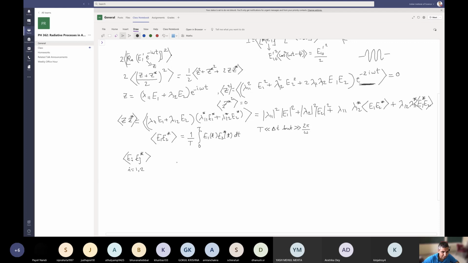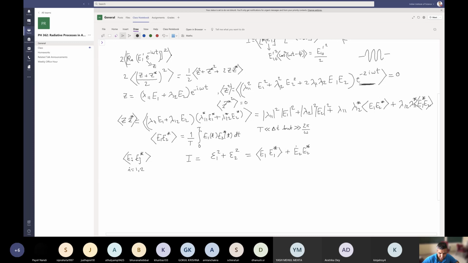Now we can actually write the Stokes parameters of monochromatic waves again. So I, if you recall, is nothing but E1 E1 star plus E2 E2 star.